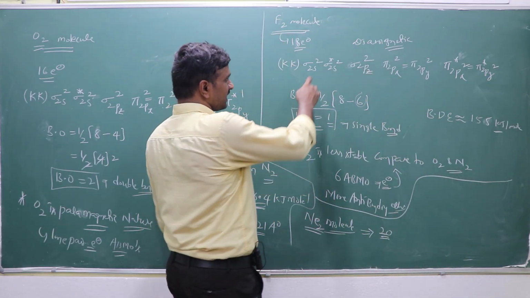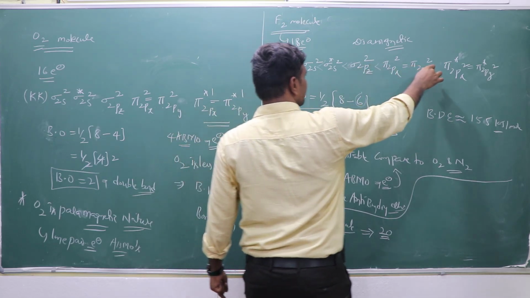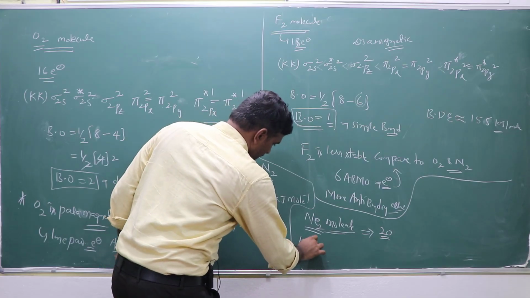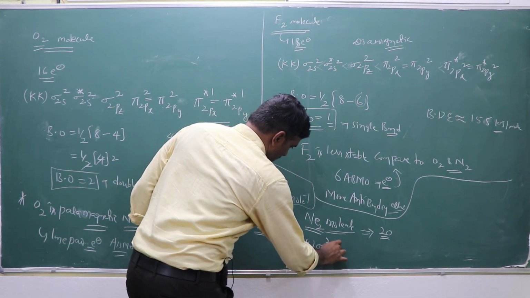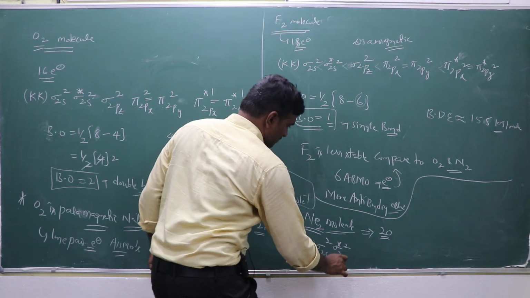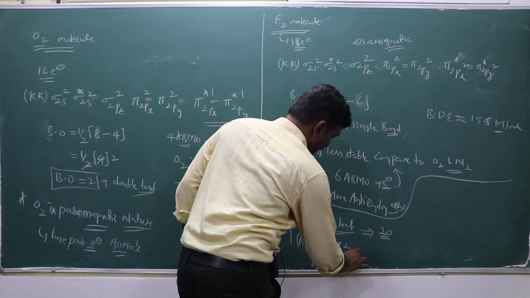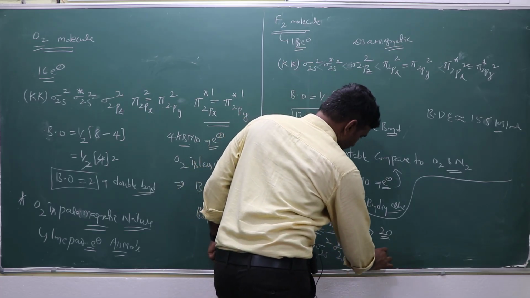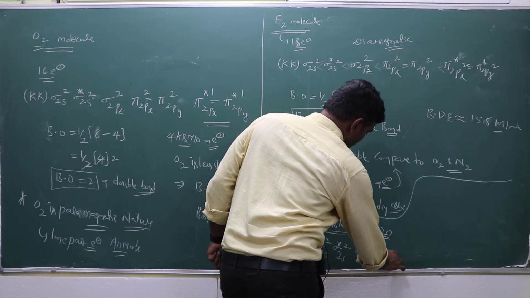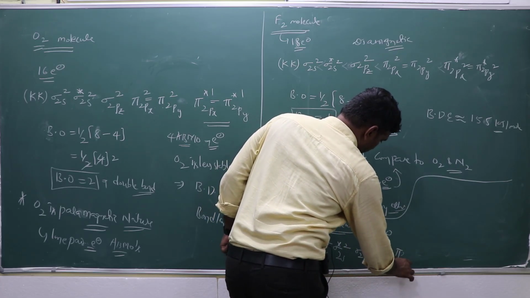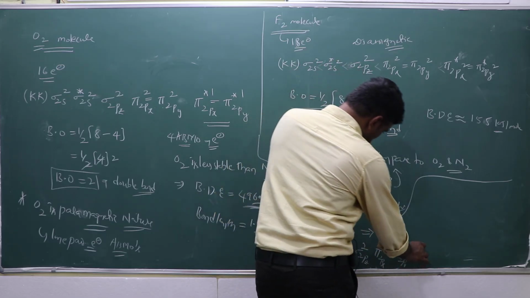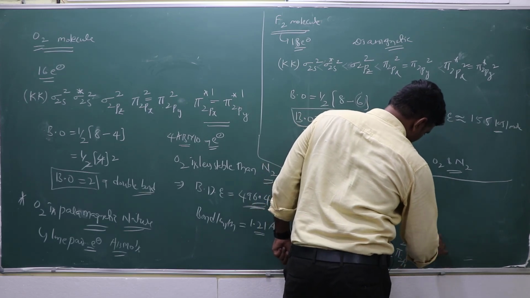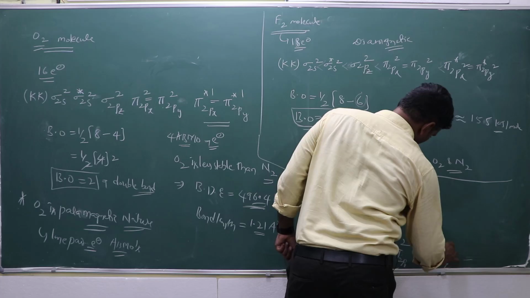So in increasing order, this is the order. The inner shells are filled. Sigma 2s2, sigma star 2s2, and then sigma 2pz2 and pi 2px2 equal to pi 2py2, then pi star 2px2, then pi star 2py2.